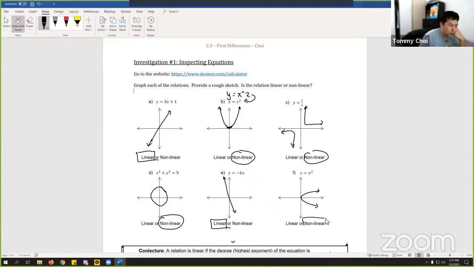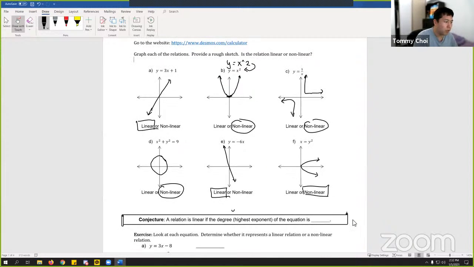And the last one is nonlinear, right? This is just remembering that linear means it's a straight line. Nonlinear means it's not a straight line. Very simple definition. We also remember that the relation is linear if the degree, which we talked about, the highest exponent inside the equation, is 1.